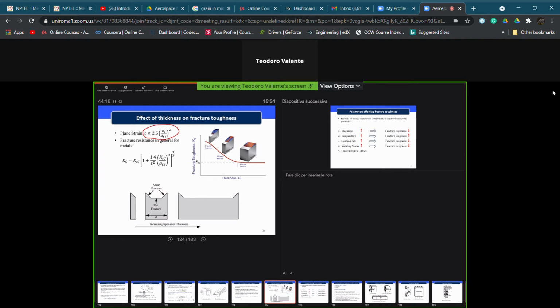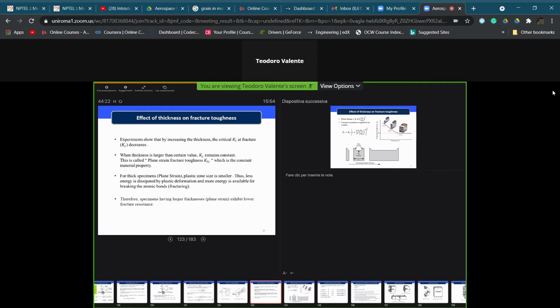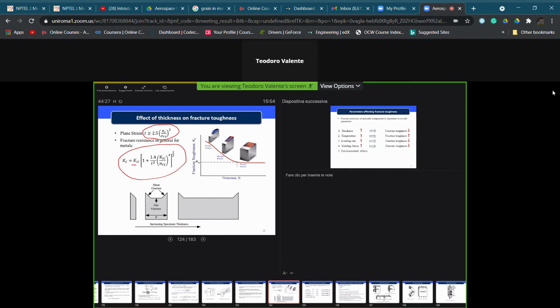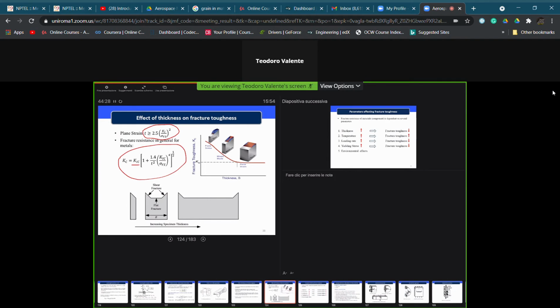Generally speaking, we have also a relationship between what we have defined here, that is the plane strain fracture toughness, K1C, which is independent of thickness and is found on the books, and the fracture resistance, KC, in which we do have the dependence on the thickness. And this has also been verified looking at experimental data.